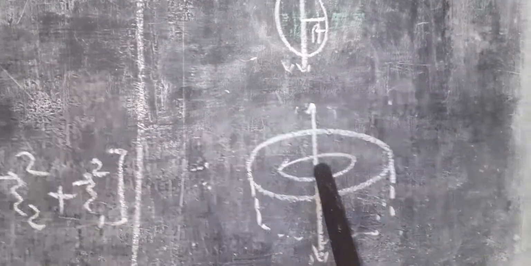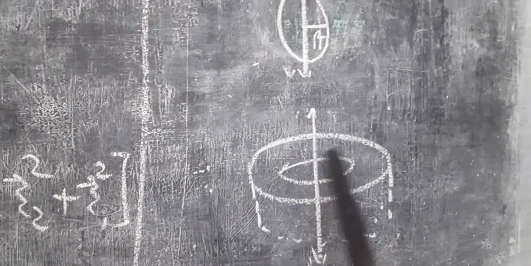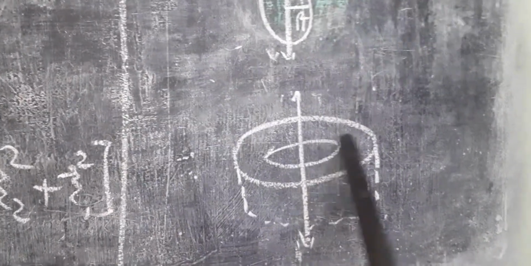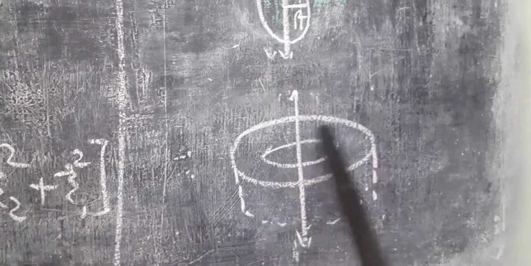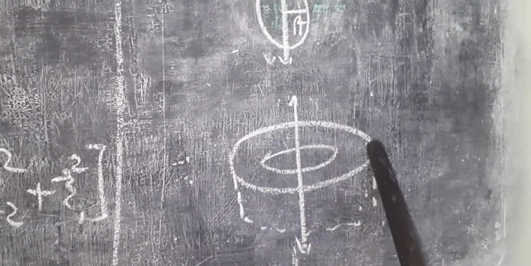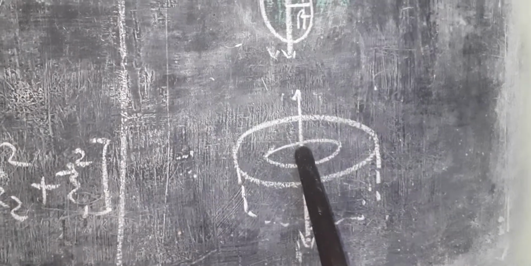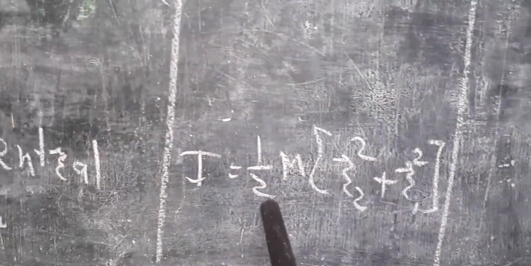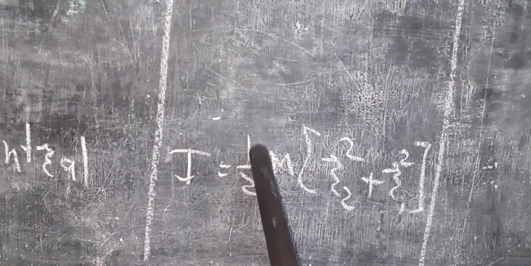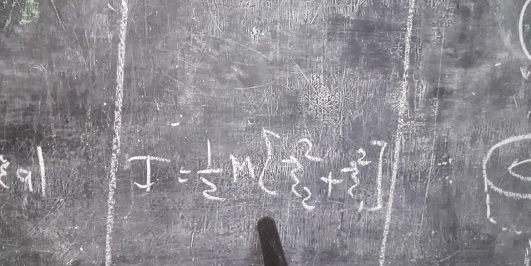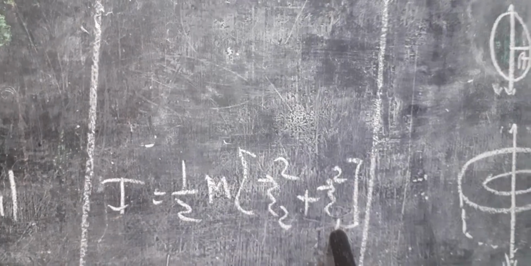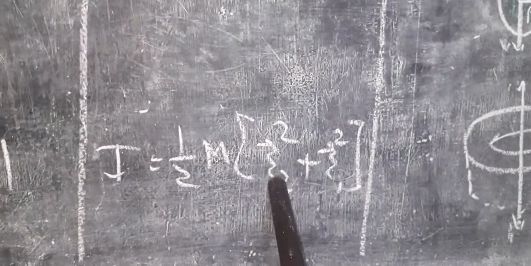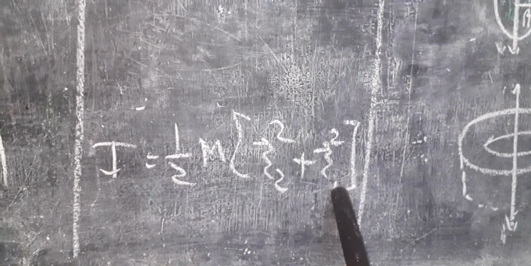This is hollow. So R1 and this typical distance, biggest side from this point to the end point, it's R2. From this point to inner point, it's R1. In that typical case, we get value of moment of inertia equal to 1 upon 2 times m into R2 square plus R1 square. So we should know this formula.